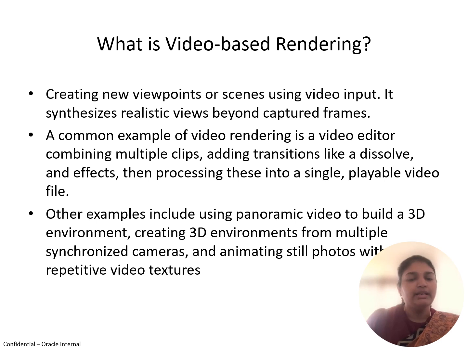We combine multiple clips, add some effects, and process them into a single playable video file. Another example is using a mobile camera to take a panoramic video, creating 3D environments from multiple synchronized cameras and animating still photos with repetitive video textures. These are some examples of video based rendering.